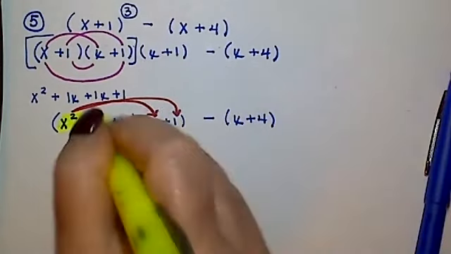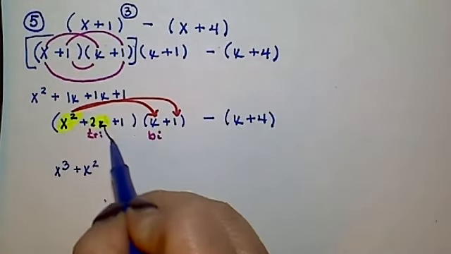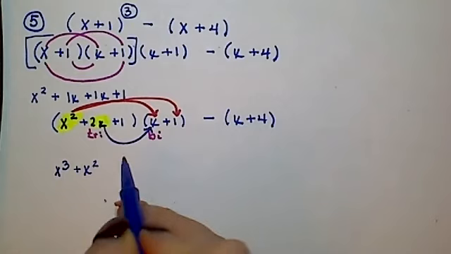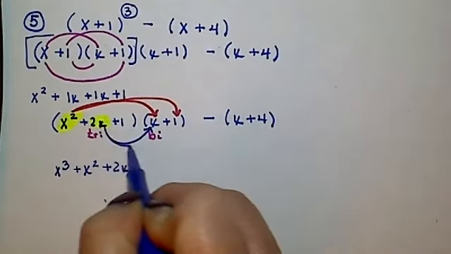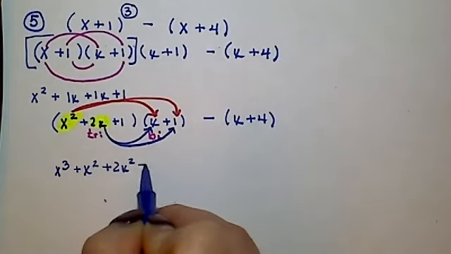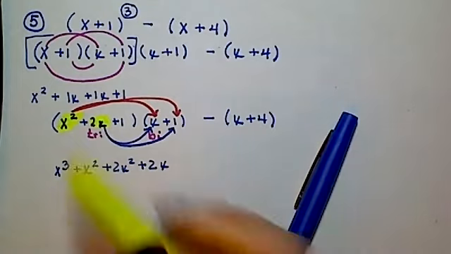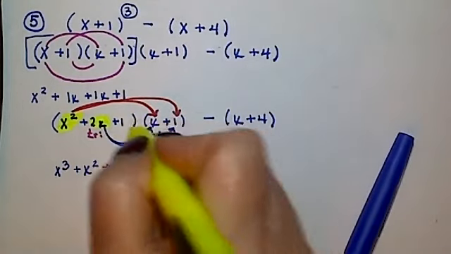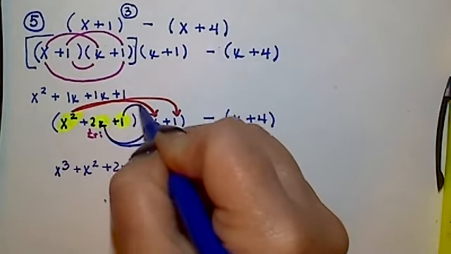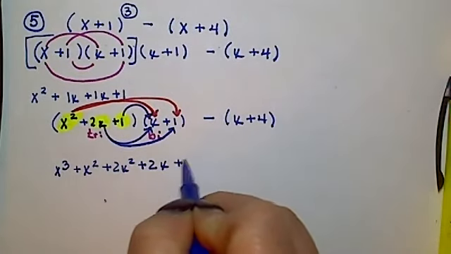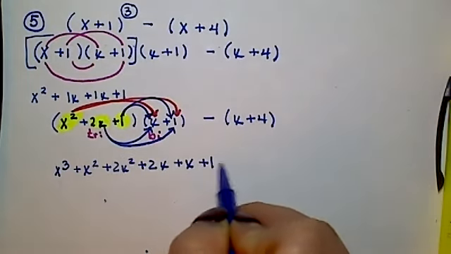Then you go to your second term in the trinomial, and 2x times x is 2x to the second. 2x times 1 is 2x. And then you go to your last term, which is a 1. 1 times x is 1x, and 1 times 1 is 1.